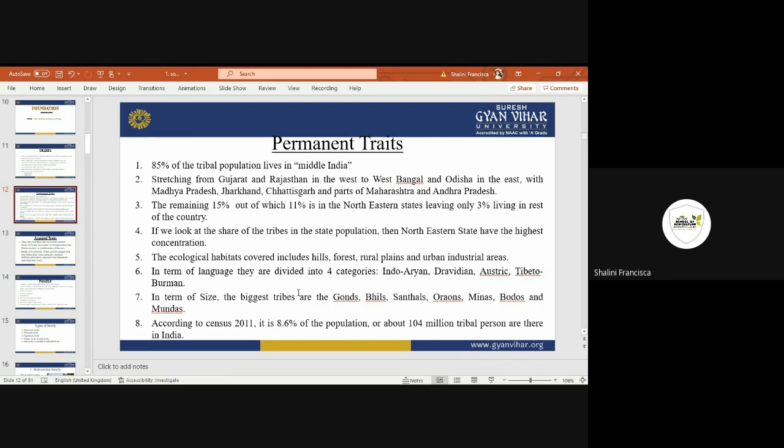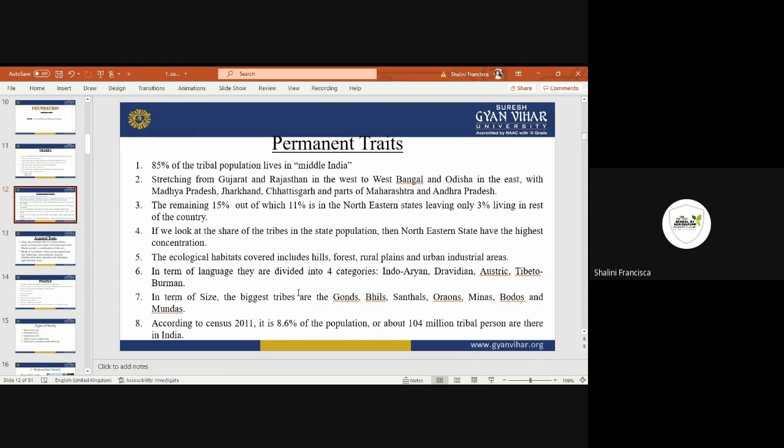In terms of language, they are divided into four categories. The first one is Indo-Aryans, Dravidians, Austric, and Tibeto-Burman. Indo-Aryans are from Maharashtra and Andhra Pradesh. Dravidians are from West Bengal and Odisha.